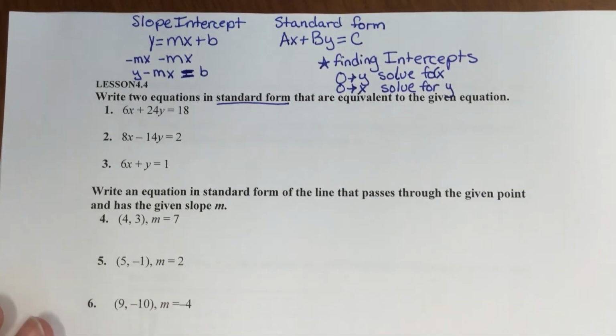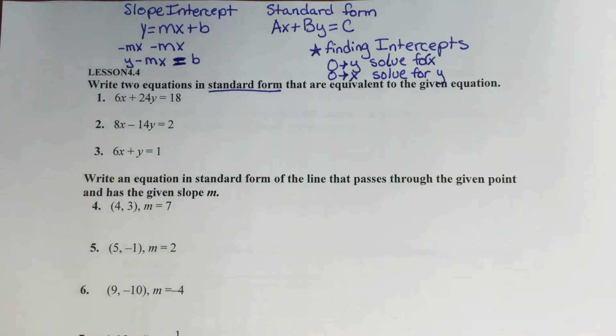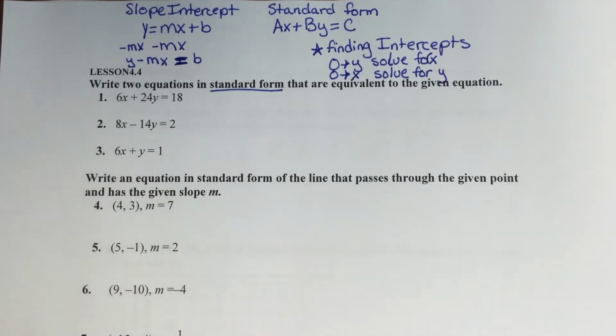Okay. We need to write two equations that are equivalent to the given equation. When we're solving equations, if we multiply through on both sides, does it change the equation? No, as long as you do the same thing to both sides, it doesn't change the equation. So I can multiply through by a number on both sides without changing anything.